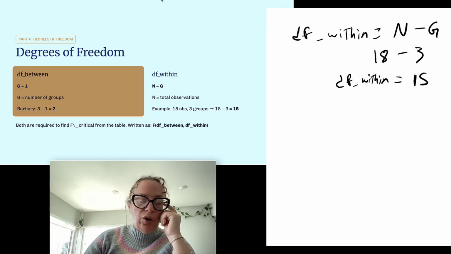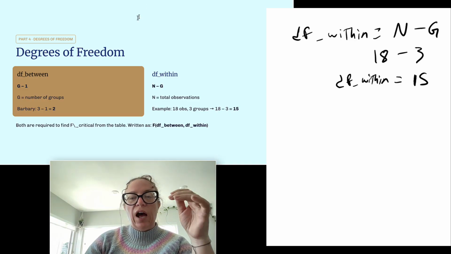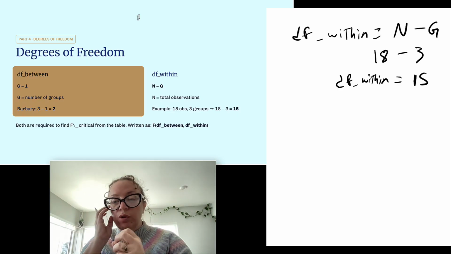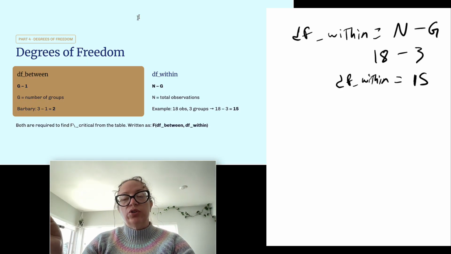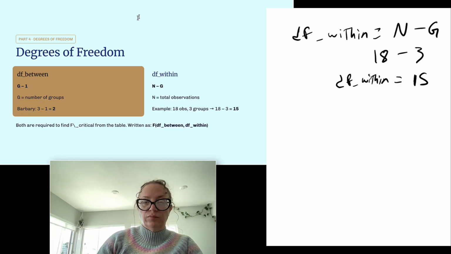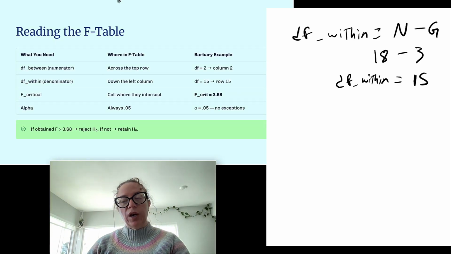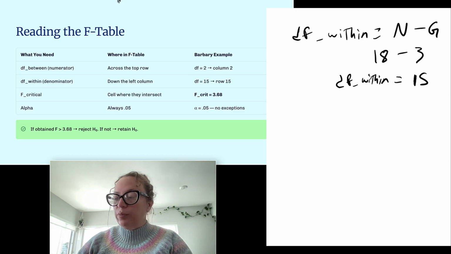Okay, so the intuition with this represents the degrees of freedom left over after you've estimated a mean for each group. So within each group, once you know the group mean and all but one of the scores, the last score is determined. So you lose 1 degree of freedom per group, hence N minus G. And again, if that's confusing, just go back and watch my degrees of freedom video with Harry Houdini and all that. It's interesting anyway, so hopefully that will explain it to you.